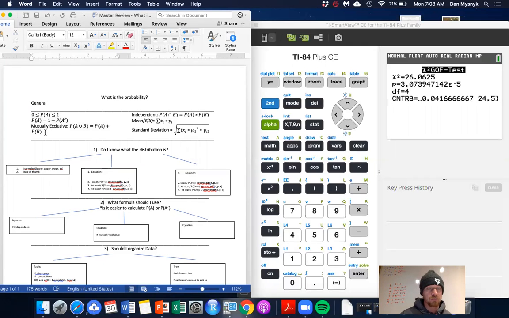A couple other words: mutually exclusive. Mutually exclusive means that they cannot happen together.